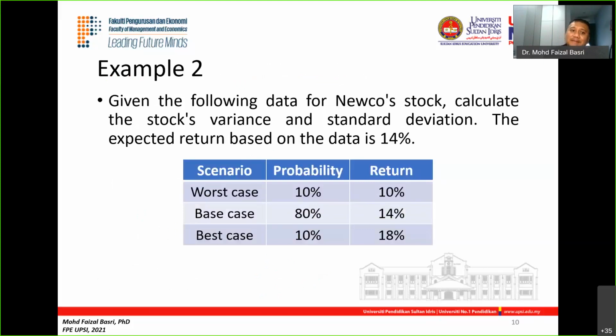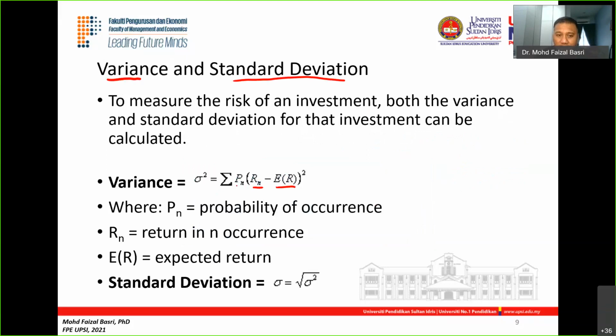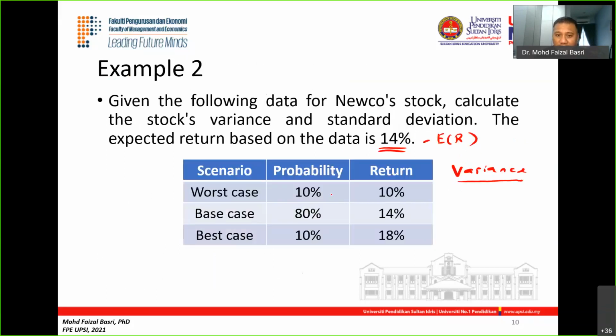Okay, using the same example, we already calculated our ER earlier, which is 14%. So this is our ER. To find variance, remember the formula: the probability, which in this case is 10%, 80%, and 10% respectively, multiplied with the difference of Rn minus ER, squared. If I put the full formula here, it's 10% multiplied by the difference, 10% minus 14%, squared.